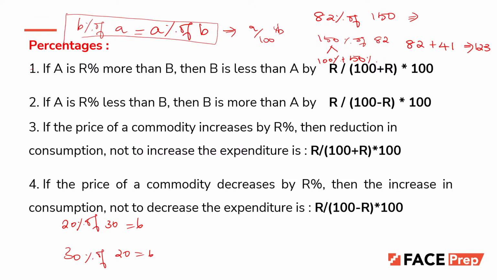Initially the cost of a pen was rupees 2 and now it is raised to 4. Now I have to identify by what percentage the cost of a pen has increased from 2 to 4.